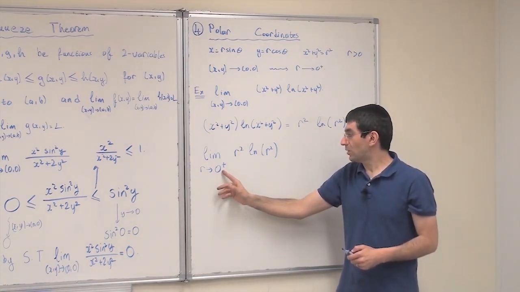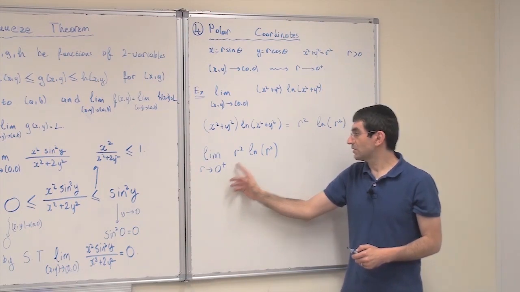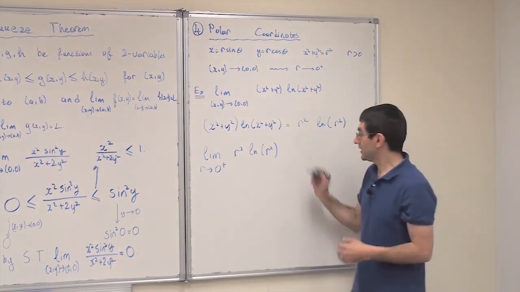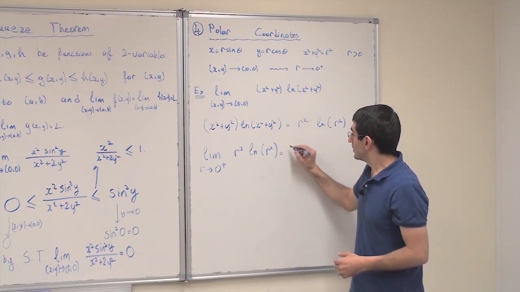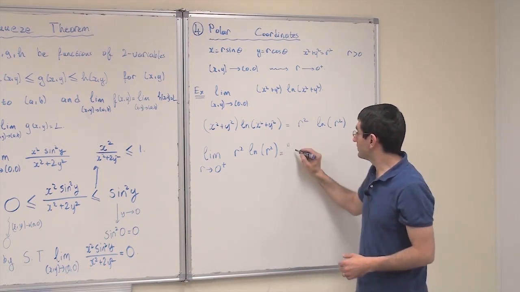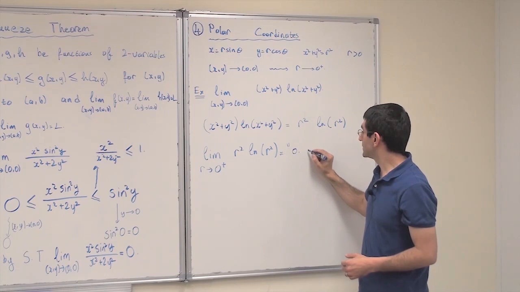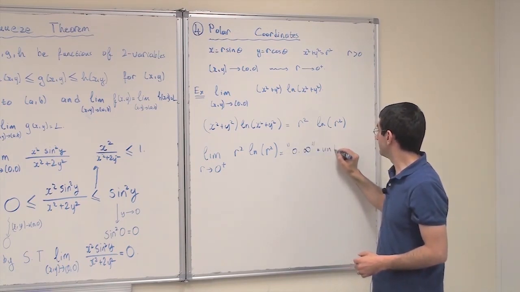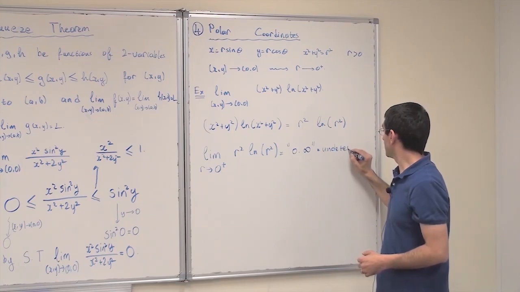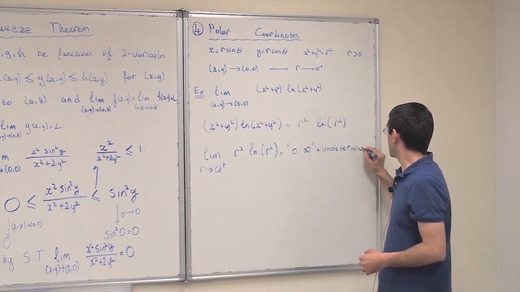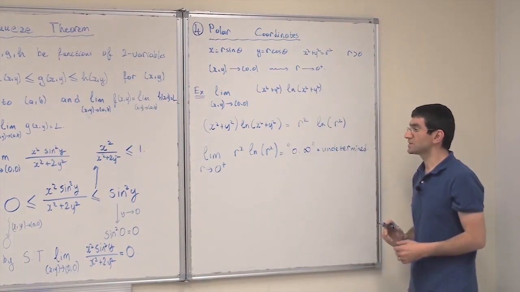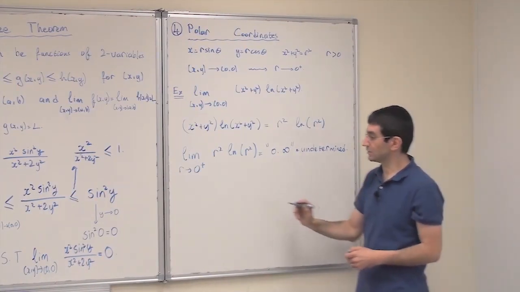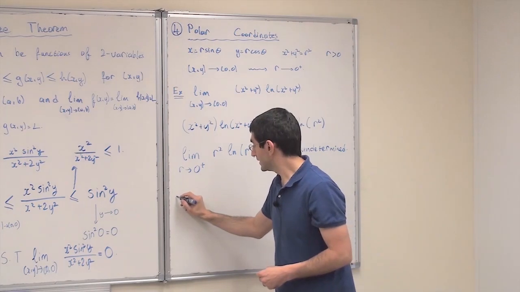At this point, as r approaches 0, this limit is undetermined, because we have a 0 times infinity problem. So we have to do some extra work to determine this limit, and that extra work involves L'Hopital's rule, as I said.